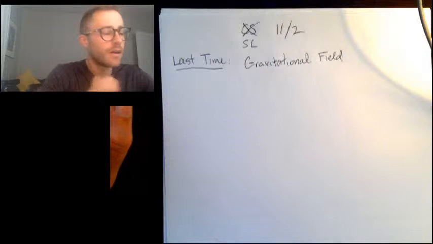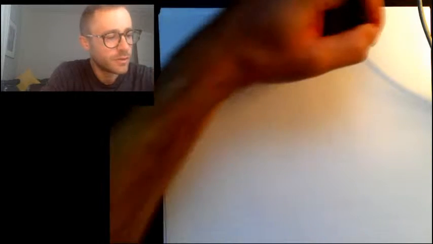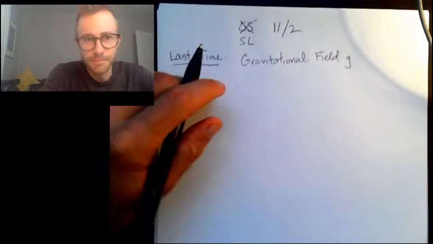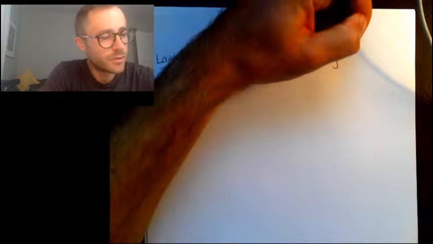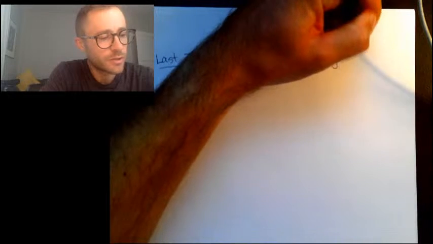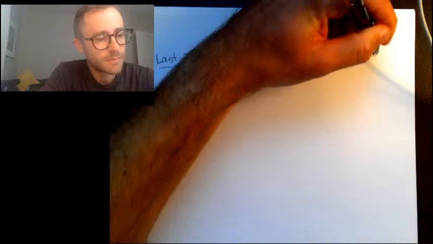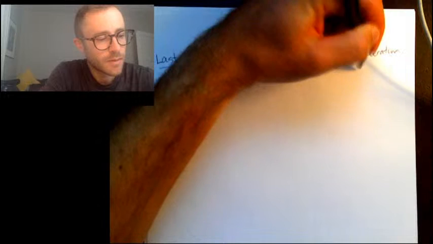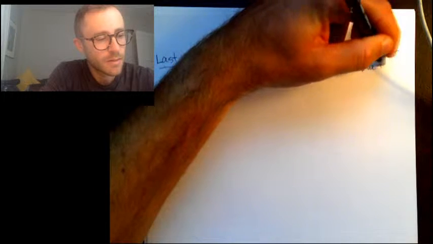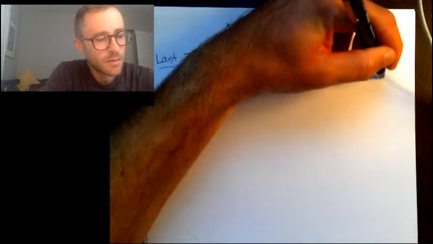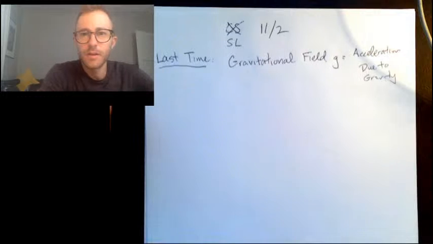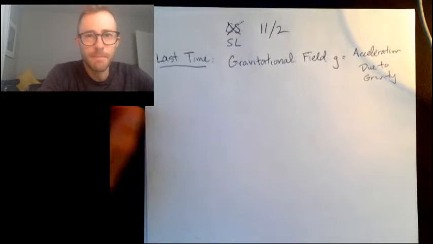The gravitational field is denoted by little g, and basically it is the acceleration due to gravity.